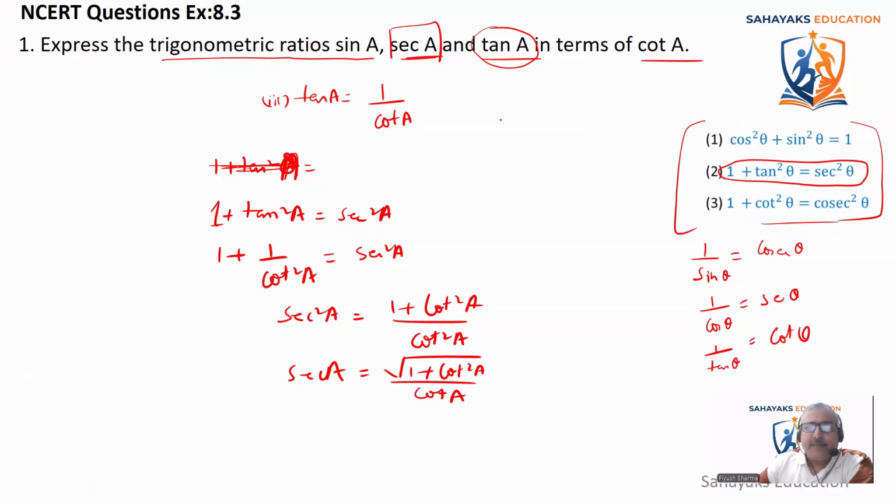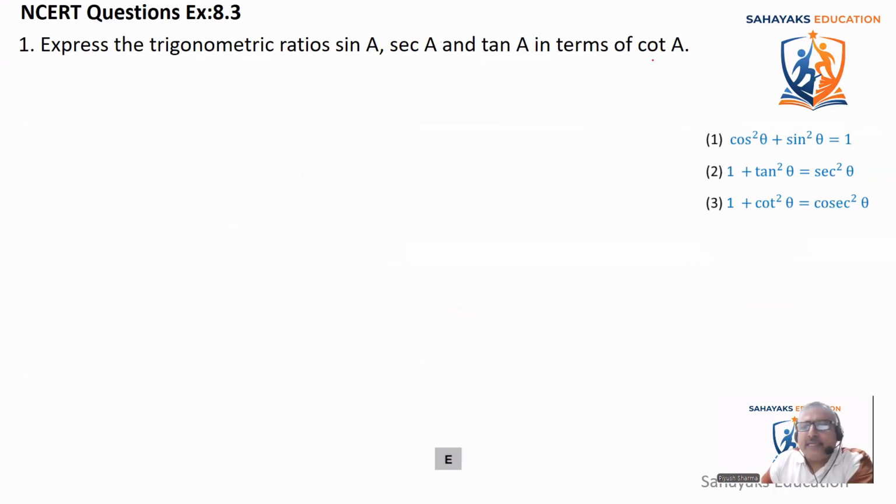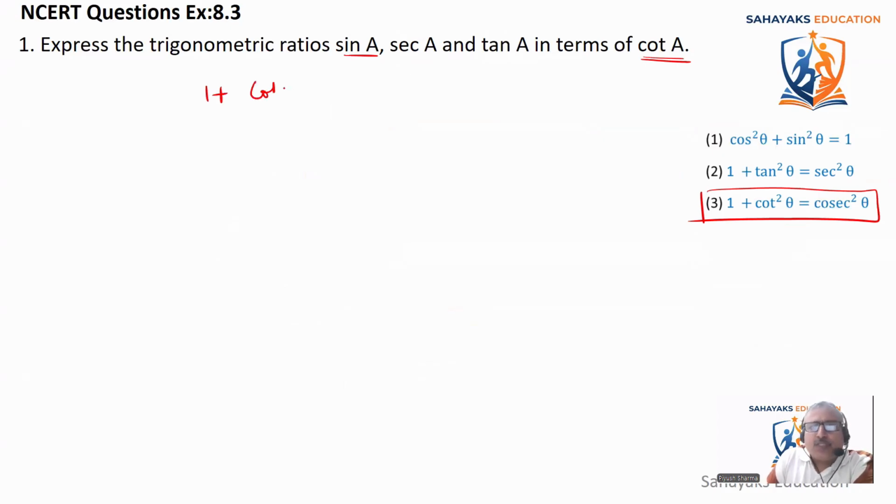Okay, guys. Now comes sin A. We have to prove for sin A. Let me just clear it up and change. So for sin A, I'll take this one. This is pretty simple now. We have to show it in terms of cot A. So 1 plus cot square A is equal to, instead of cosec square A, I'll say sin square A. Right?